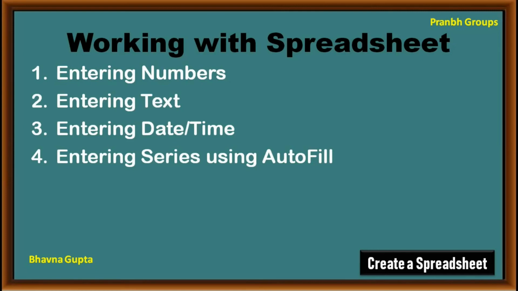Series means things in a continuation order. The best example of a series is the roll numbers of the students starting from 1 and going up to 50. If you have to enter some data in the form of a series, then the autofill option can be used.